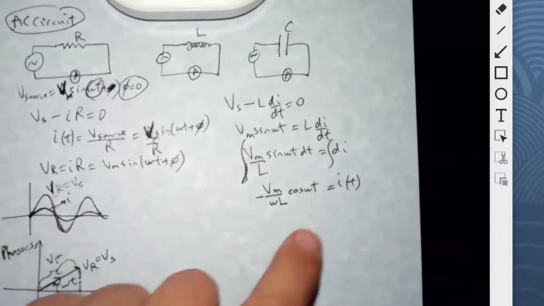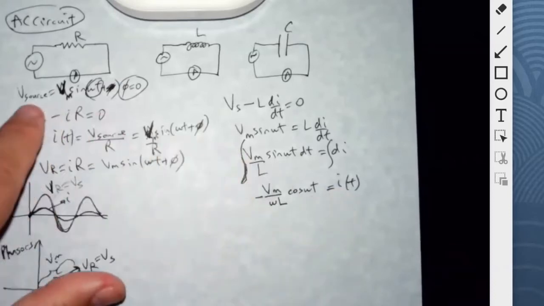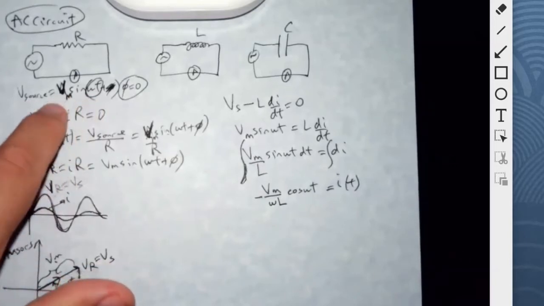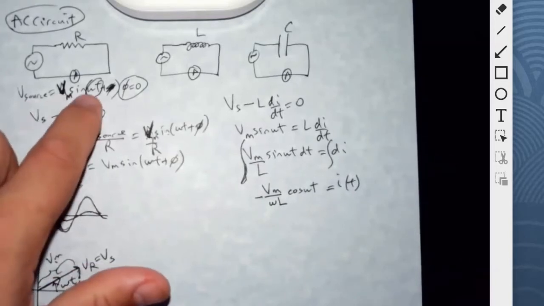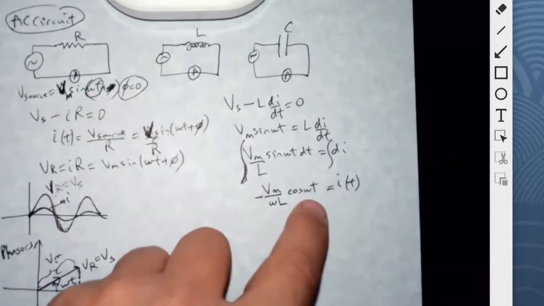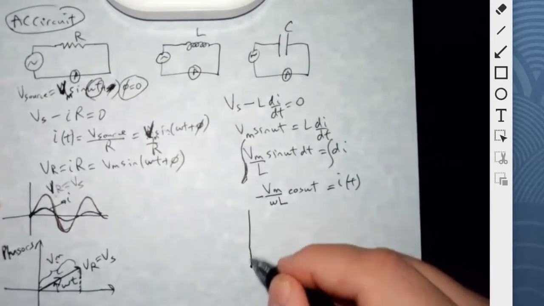So you see what's going on is kind of weird. If the voltage of the source is behaving as sine omega t, the current is behaving as a negative cosine. So then what would happen to the oscilloscope?